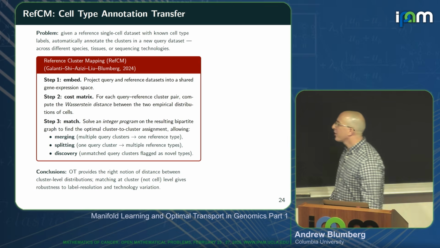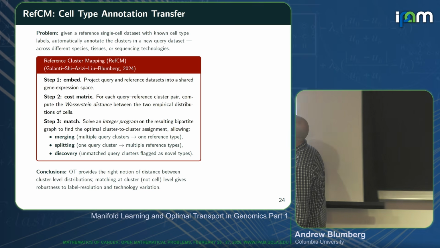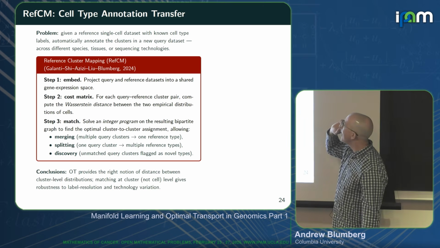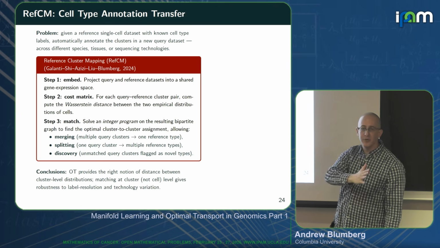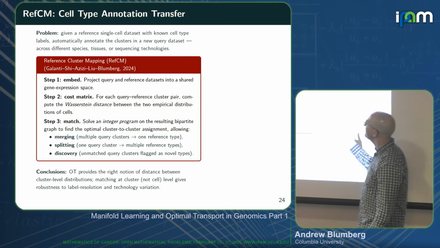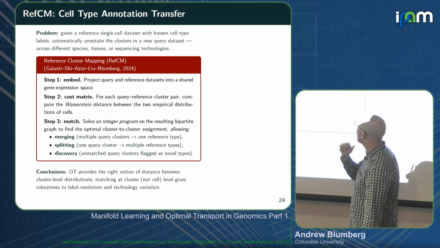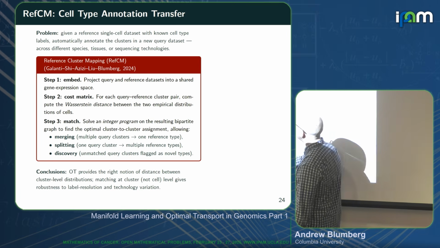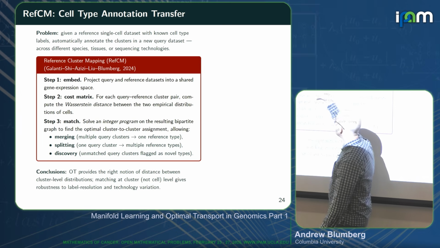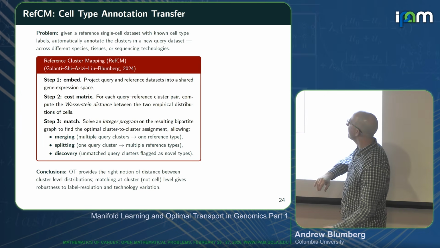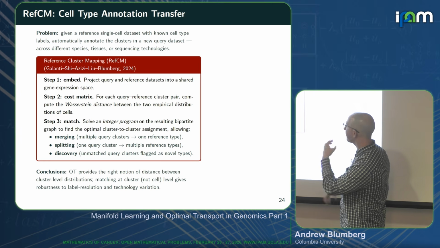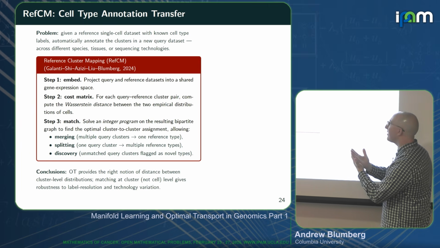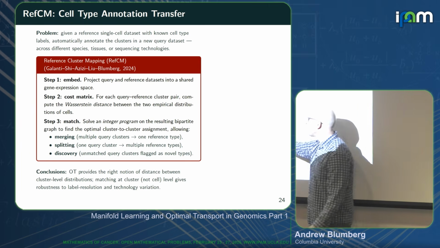And one thing that I worked on that I like, or my graduate students really worked on, which I'll advertise, is that you can do cell type annotation transfer across species, across age, across disease states, all sorts of things, where you essentially use the Wasserstein distance to produce some kind of graph on clusterings, and then find an optimal match using some kind of integer program.